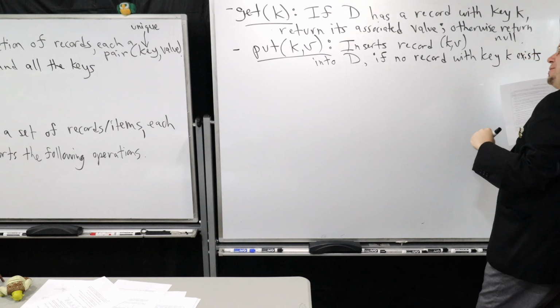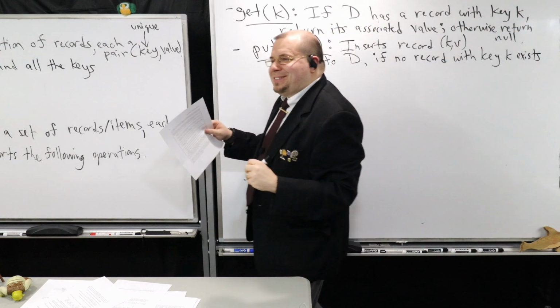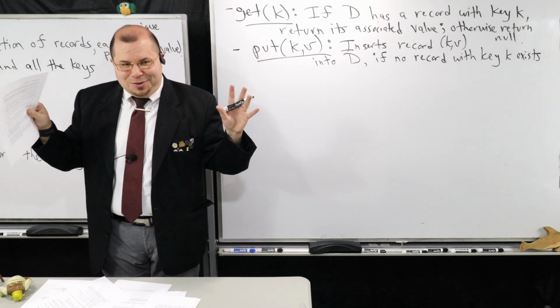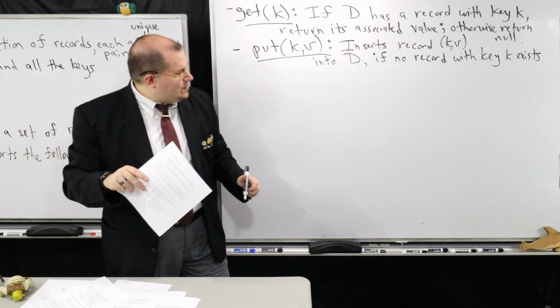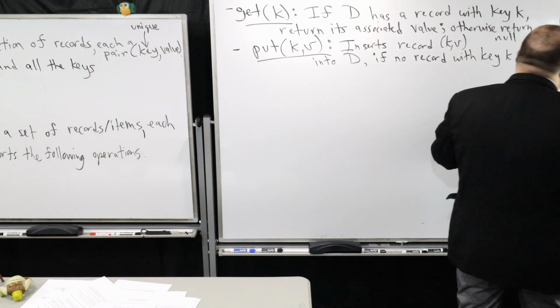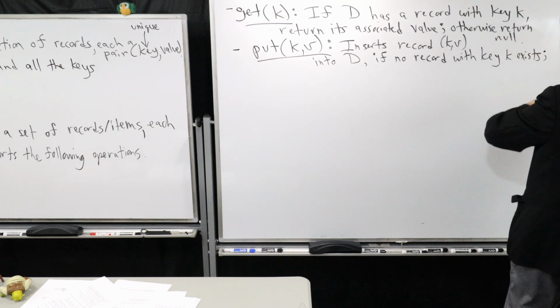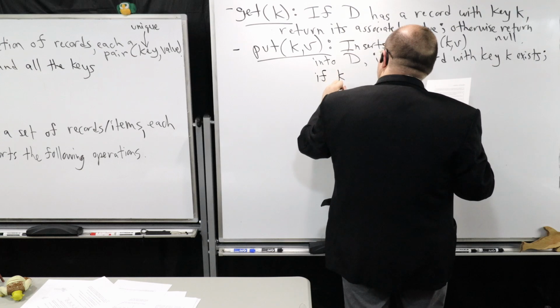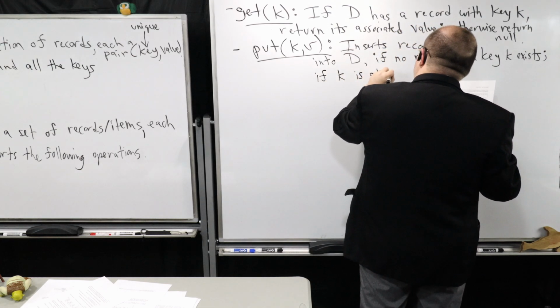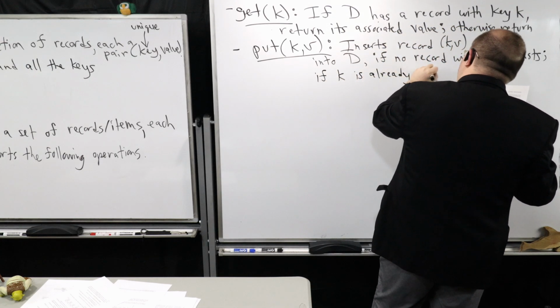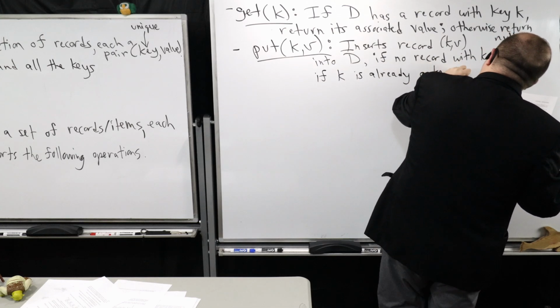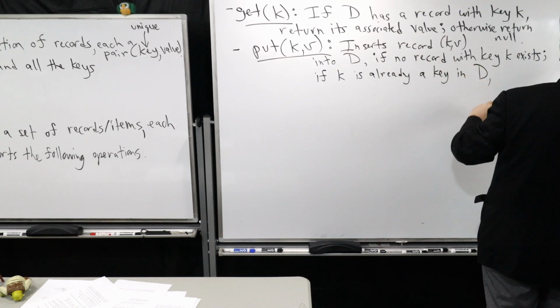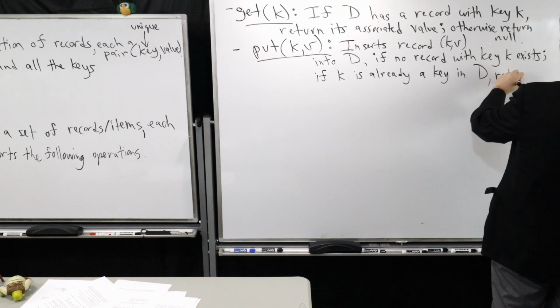Remember, you're only supposed to insert it if there's no duplicate key, right? If K is already a key in D, return an error.